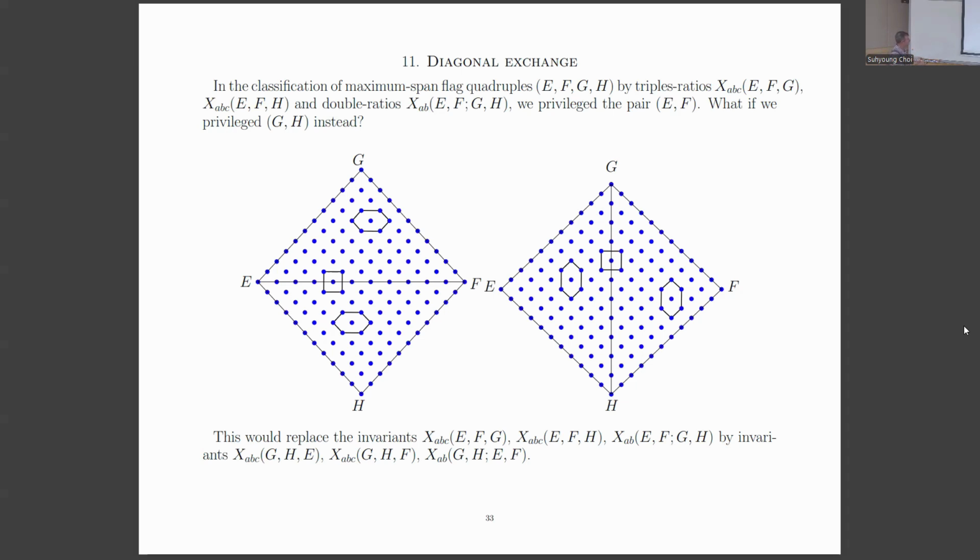So the triple ratio, what's this picture here? It's made up of two discrete triangles.